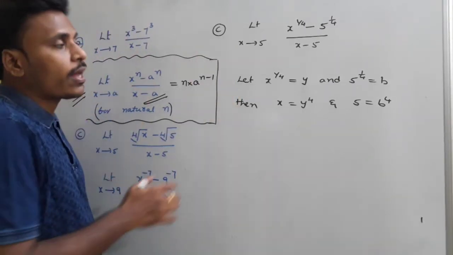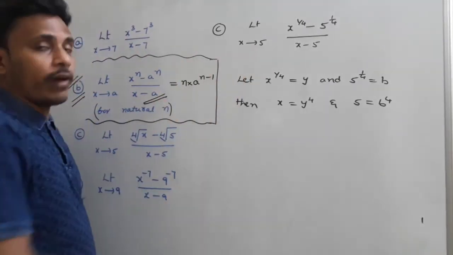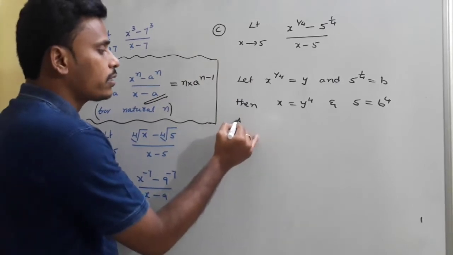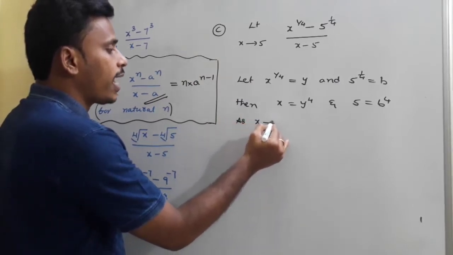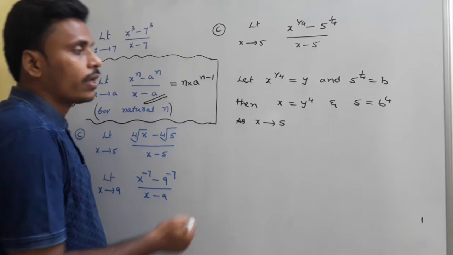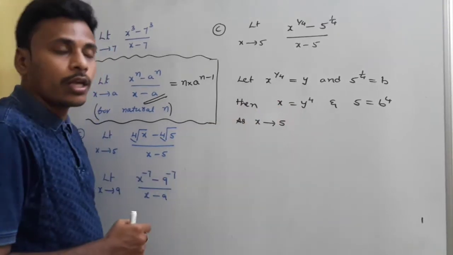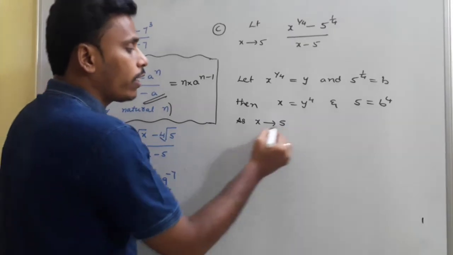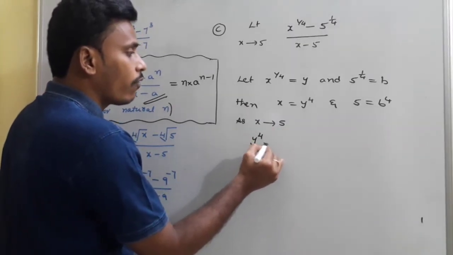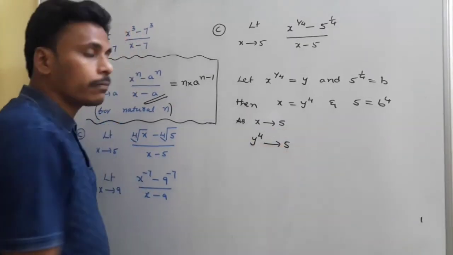Replace the problem. As x is tending to 5, to replace, I need to think like this: x means y power 4. So as x is tending to 5, it is clear that y power 4 is tending to 5.